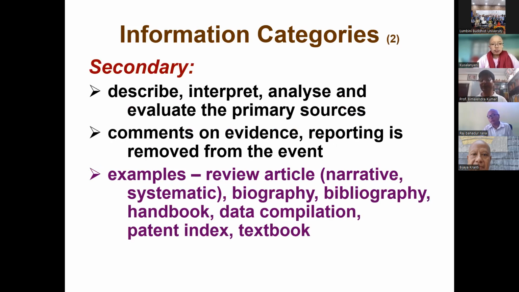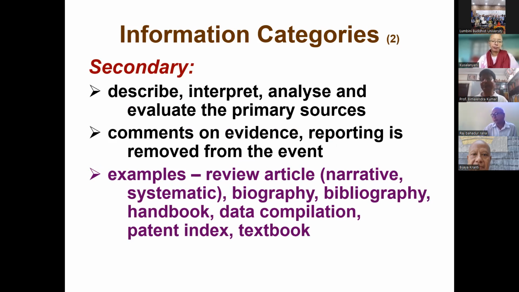Now we come to secondary sources. What are secondary sources? On a main text, when some information is written by the acharyas or scholars, they are called secondary sources.